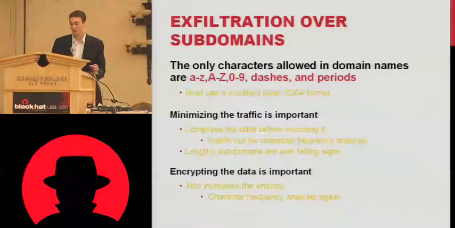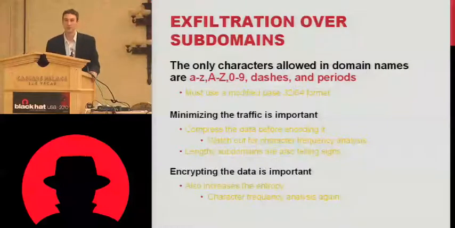Entropy is basically your randomness. And typically all languages, including domains, which I'm going to show in a little bit, basically have certain characters that show up more than others. Everyone's played Hangman. It's on the same premise. So you want to make sure you're not sending too much random-looking data through it. And then encrypting the data is also important, but once again, you're probably going to be increasing the entropy there.